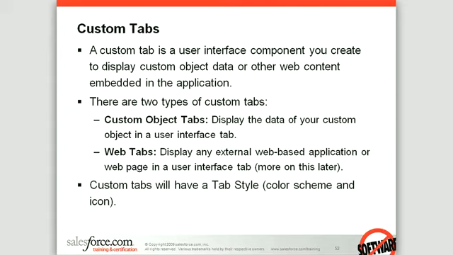Okay. All right, so tabs. A tab is, once again, a user interface element. It is one of the things that are accessible inside of an application. There are three types of tabs. First, there are the custom object tabs. These are associated with a particular object type, usually displaying a page layout, but not necessarily.